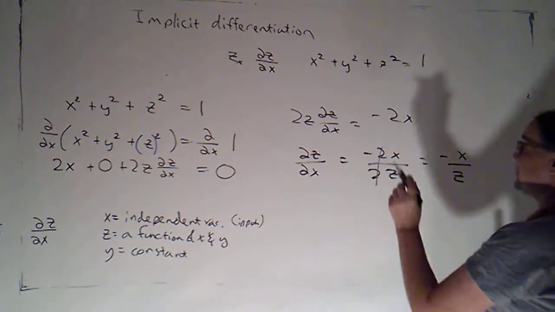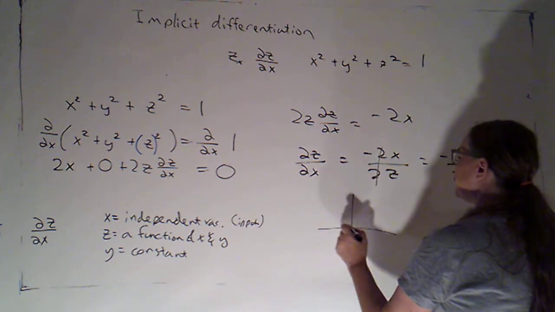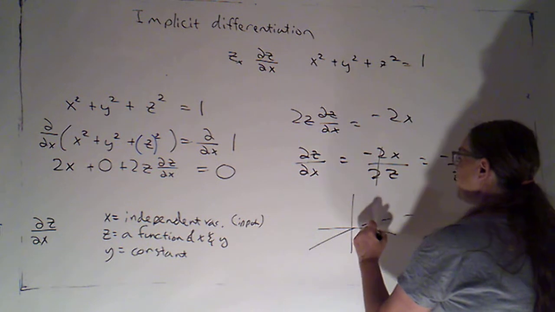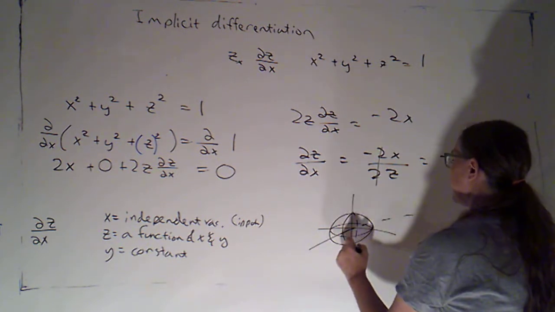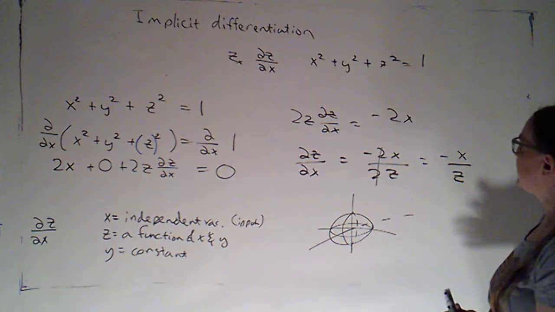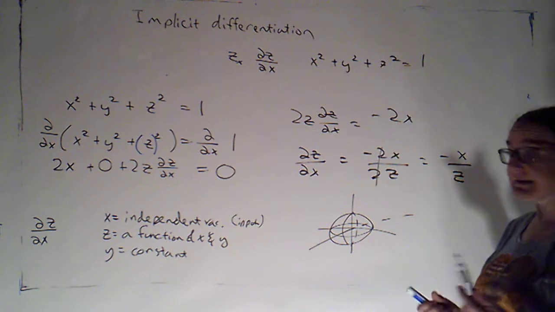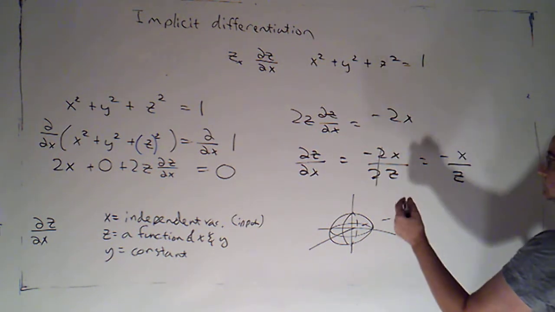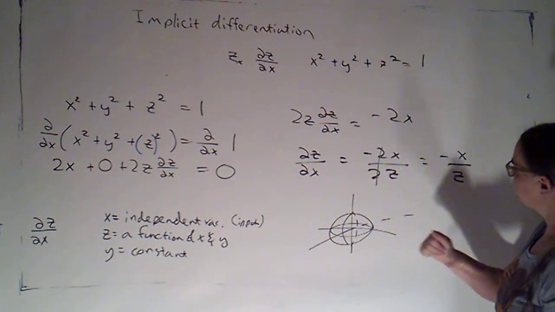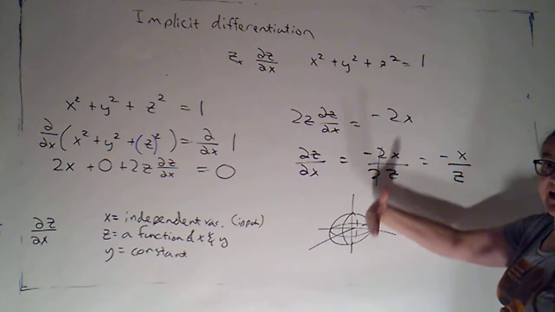I think what's kind of interesting is if you take a look at what happens at the places where z is 0, that's going to be where we're on the xy plane. And we were taking a look at the partial derivative with respect to x. So we would have been looking in the plane where x is my variable, so we'd be holding y constant.